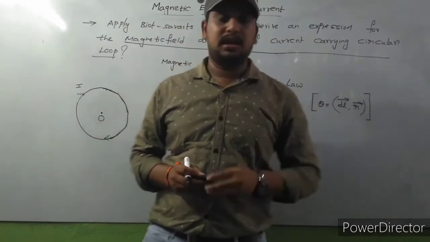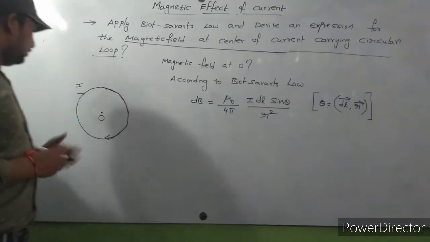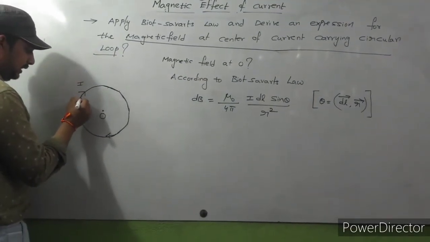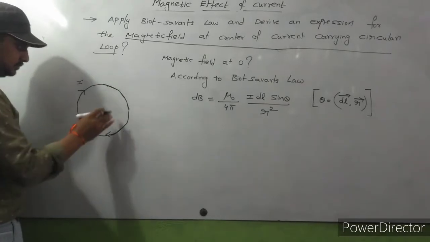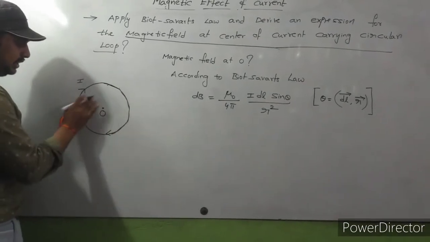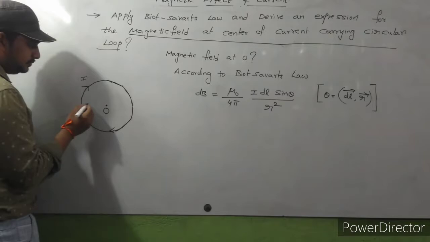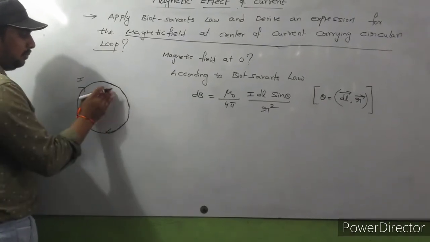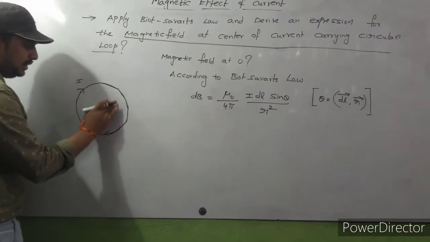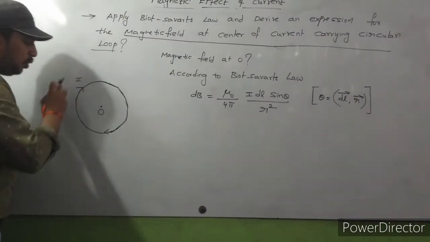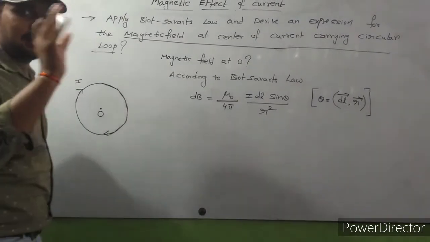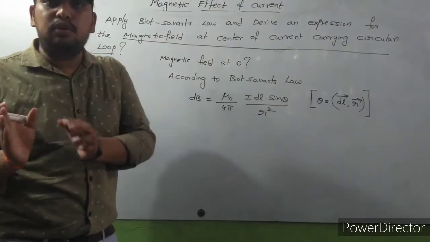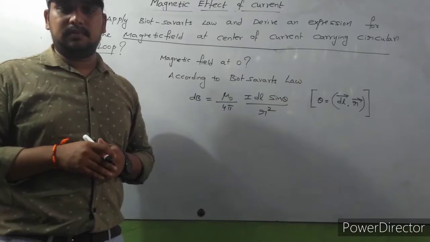So now observe carefully. Here a current carrying circular loop is there, and here is the center O. Now I consider this whole loop having length L. For that length L, we can't apply it directly.